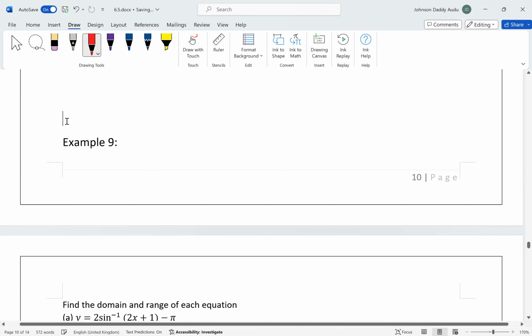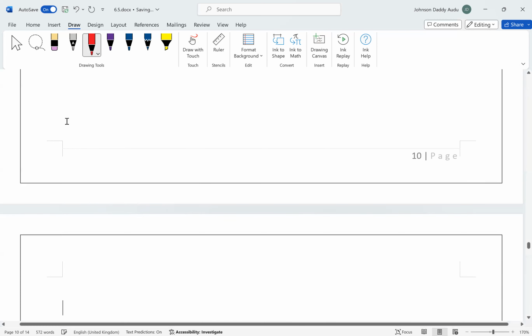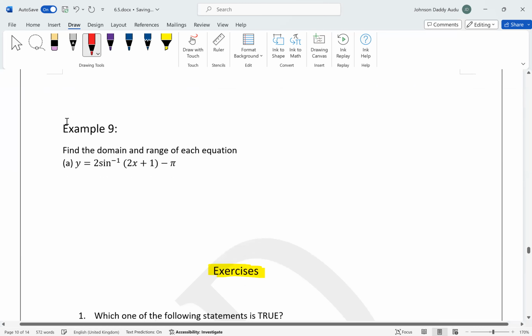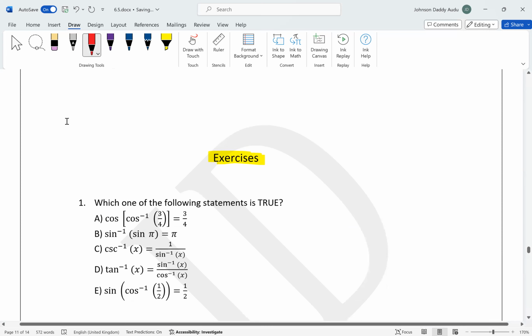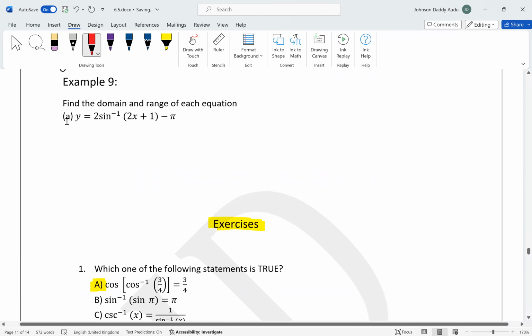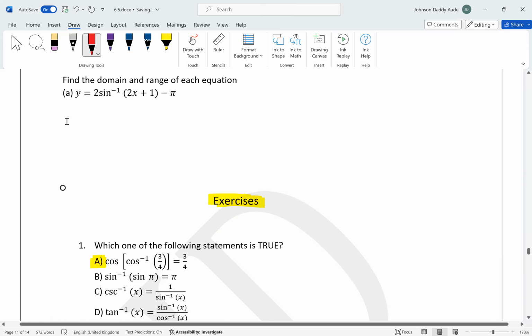Now, example 9. Example 9 is asking us to find the domain and the range. So let's see.